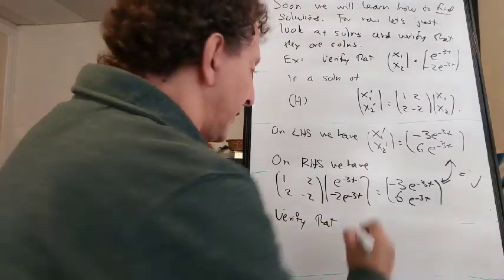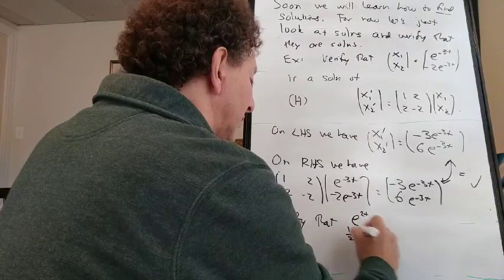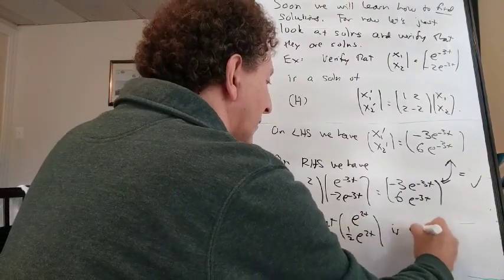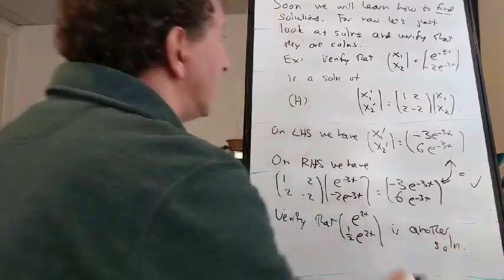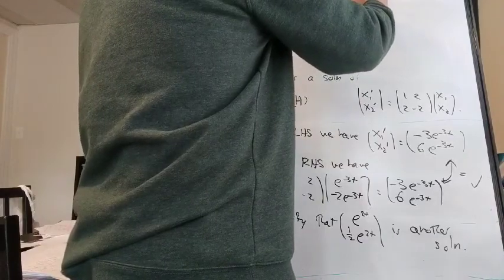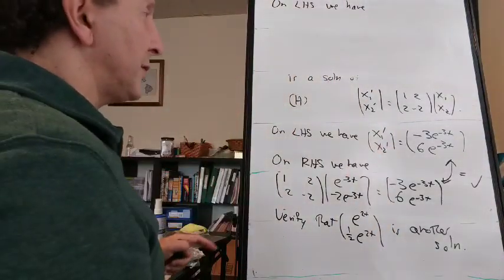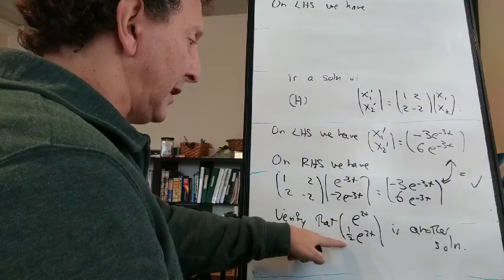Now let's verify that e to the 2t, 1/2 e to the 2t is another solution. On the left-hand side, we have the derivatives of these: 2e to the 2t and 1e to the 2t.